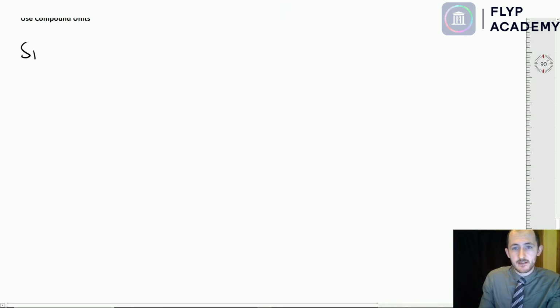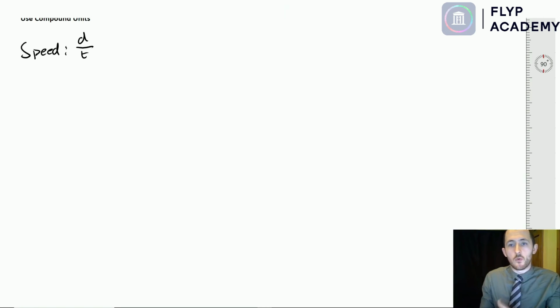Compound units. Okay. So the compound units that you need to know, the main ones are speed. And if you remember, that's distance over time. So you have to use all different distances over all units of time. So I'll show you some common ones, but keep in mind they can ask you about some others.